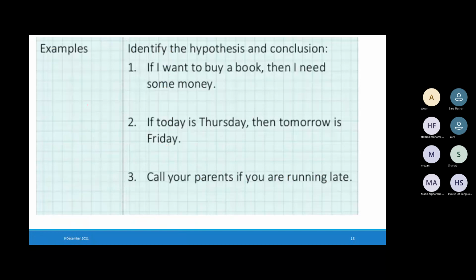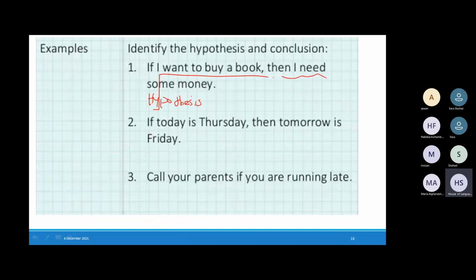But here now, this one. If I want to buy a book, then I need some money. Where's the hypothesis? This is the hypothesis. Where's the conclusion?